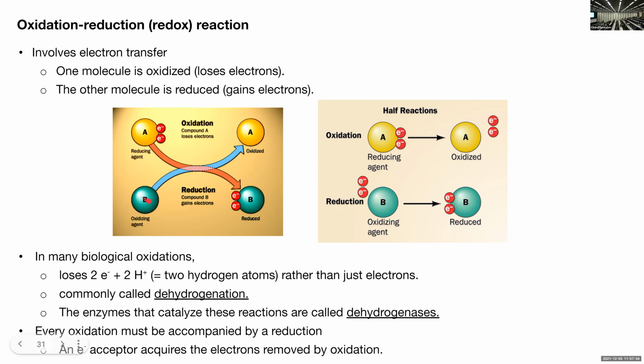And the other one works as an oxidizing agent, which is a reduced form of a chemical or whatever the compound. And it can also be called dehydrogenation when the hydrogen atom is leaving from the one compound.